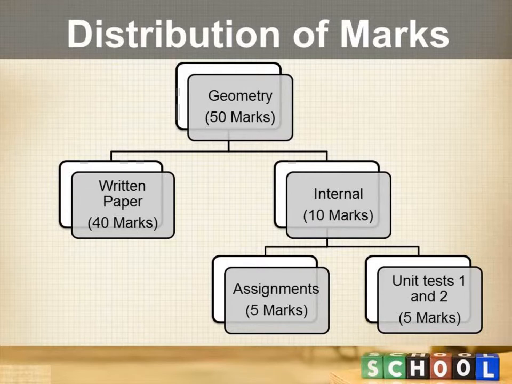Now this 5 marks and the other 5 marks total to 10 marks. So this way 10 marks are your internal marks that is sent to the SSC board. So you are writing 40 marks paper and 10 marks internal marks. So your geometry marks will be out of 50.